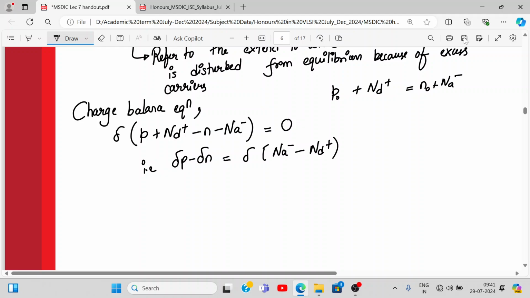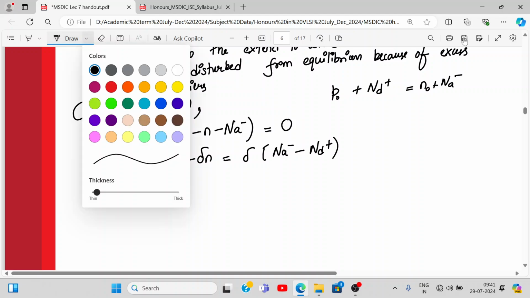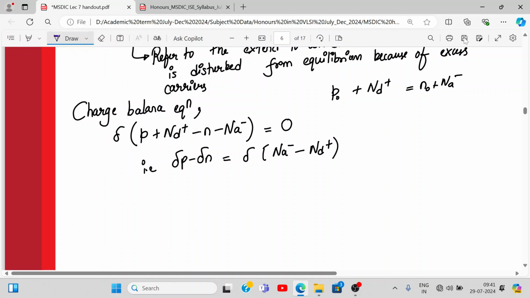Alright. Now we have one assumption: if the change in the ionization of impurities is negligible, then this number will be 0. The number of ionized carriers for acceptor and donor will be almost the same because the change will be negligible.